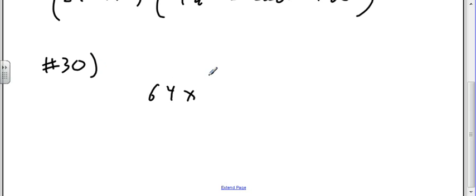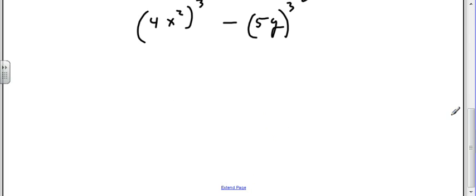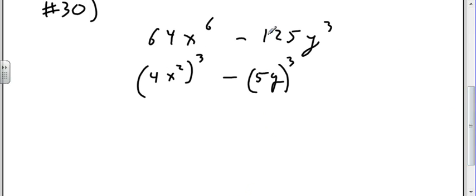64x to the 6th minus 125y cubed. Okay, so I recognize that as (4x squared) cubed. 4 cubed is 64, right? Minus (5y) cubed. I recognize 125 as 5 cubed.